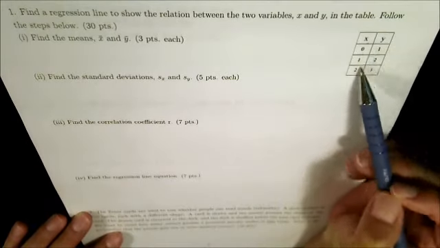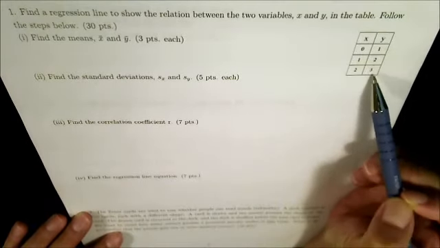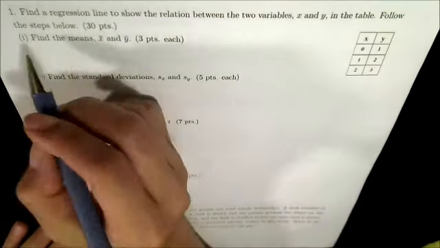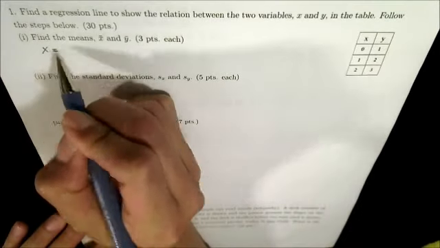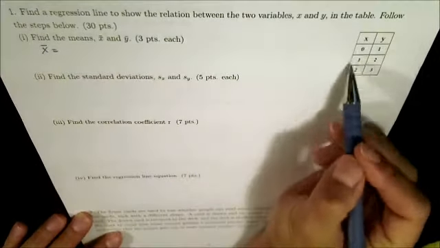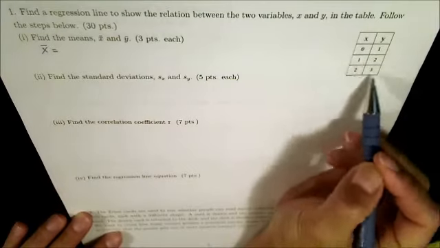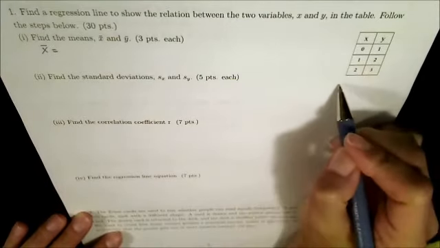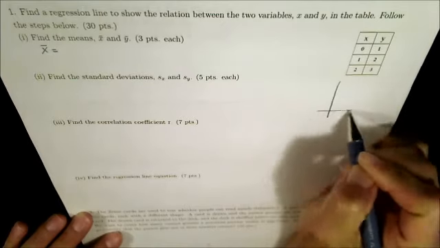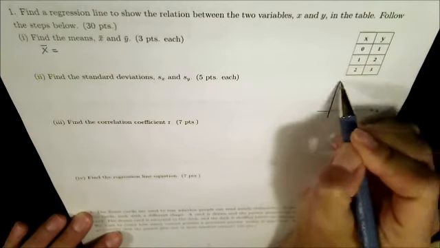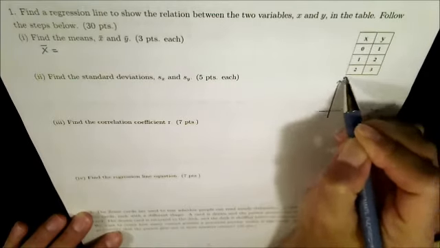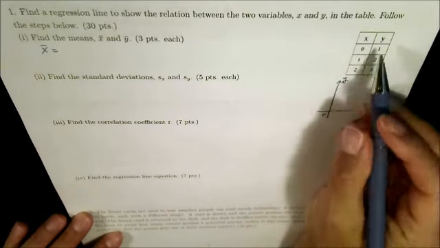You're looking at the x variable here and the y variable. To find x bar, which is the average of the x variable, we have 3 pairs of data points. If you sketch these points, here is your x-axis and y-axis.